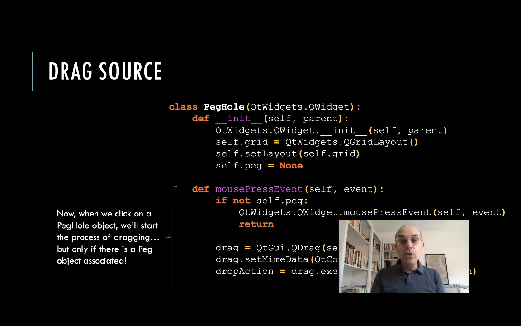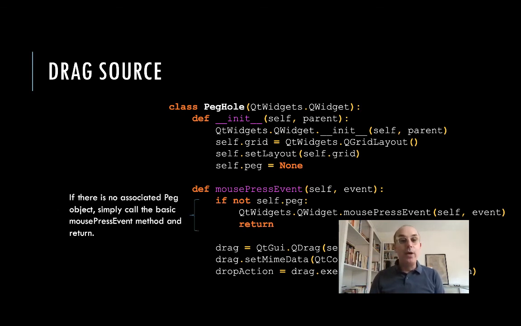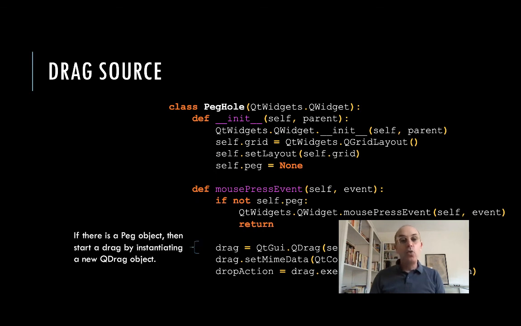So the drag source basically defines the class and the mouse events when we are applying to it. So if there is no association with the object itself, it simply calls the basic mouse press event method and returns.